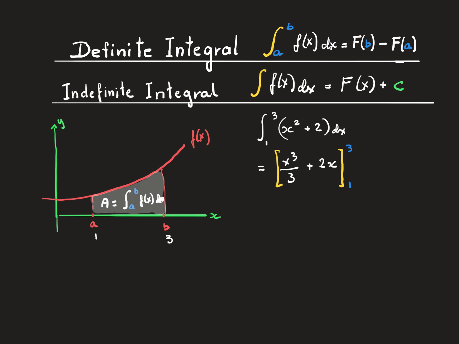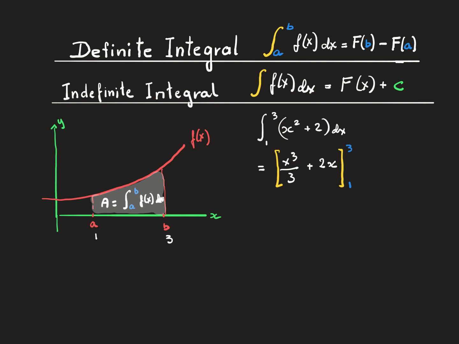And what this means is that we're going to substitute the upper value 3 into this equation, and then we're going to substitute the lower value 1 into that equation. From above, you can see that a, b, we're substituting b and then taking away the value a.